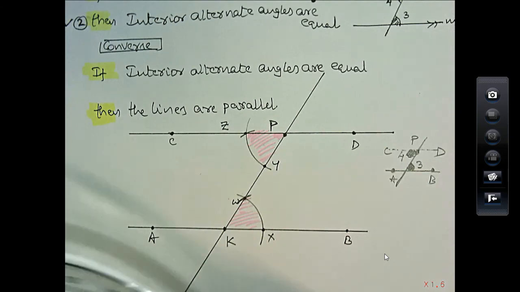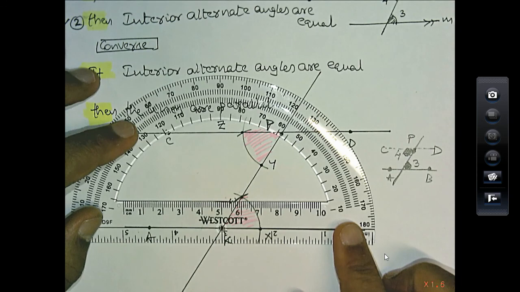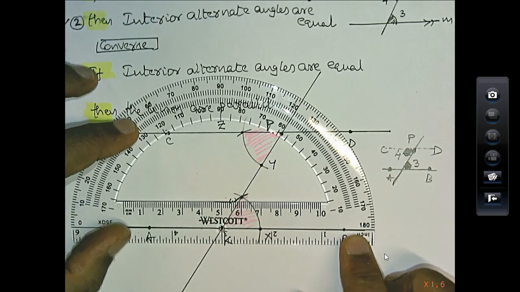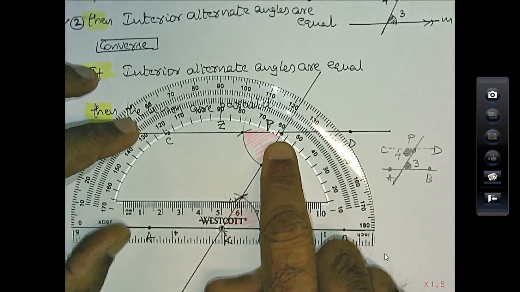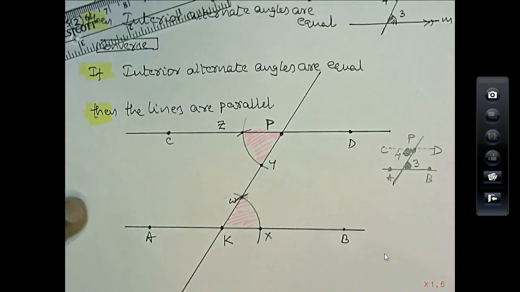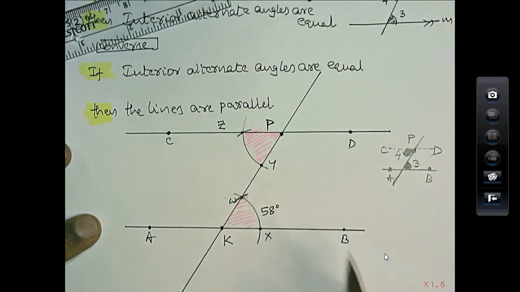So let's take the protractor and measure the angle. It is a little below 60. You can see that between 55 and 60, it's mostly close to 60. So let me consider this as 58 degrees.